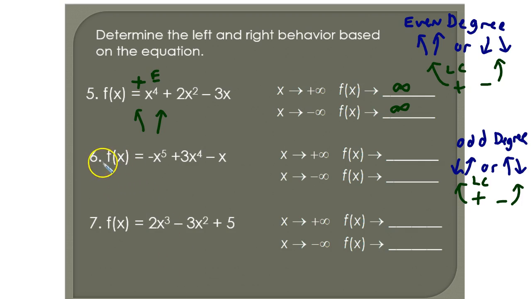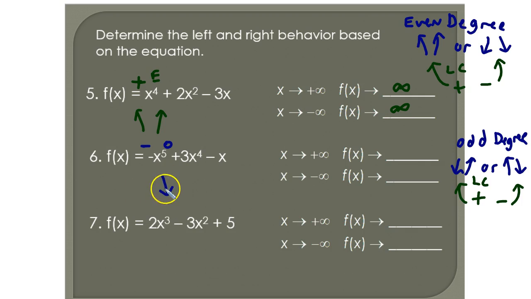In our sixth example here, we have an odd degree and a negative leading coefficient. I'm going to put a little negative sign there. Odd means that they're in different directions, and negative means that it ends down.